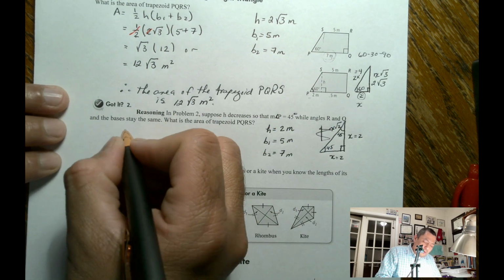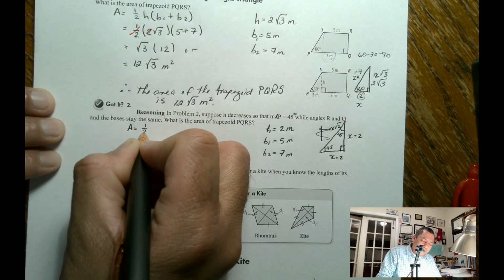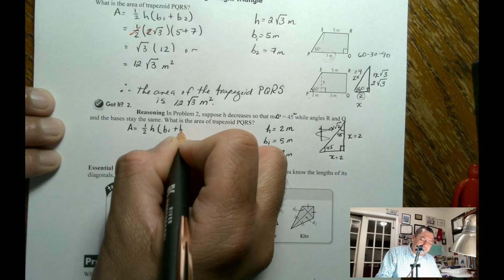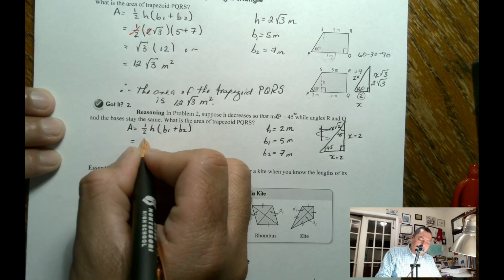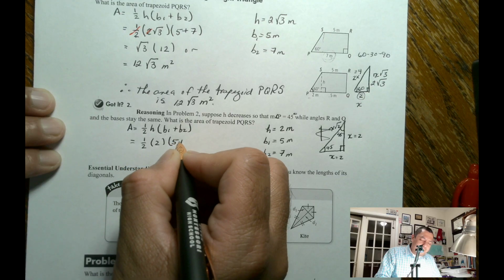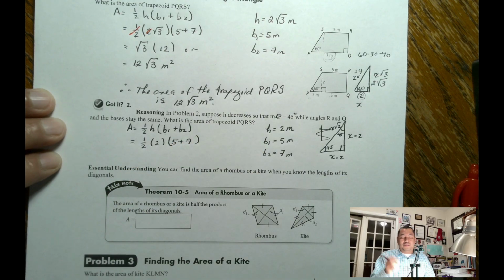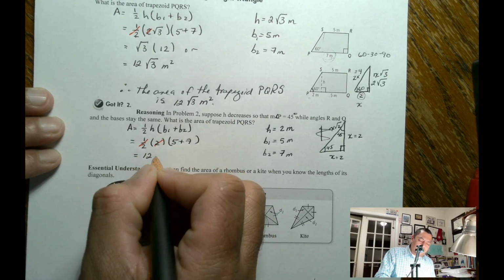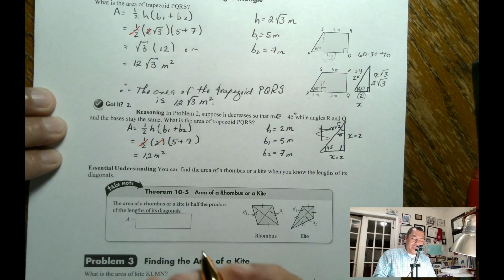So my formula is equal to 1/2 height times (base 1 plus base 2), equal to 1/2 times 2 times (5 plus 7) meters, and 1/2 times 2 is 1. I'm just going to cross them out. And what I have left is 12 meters squared.